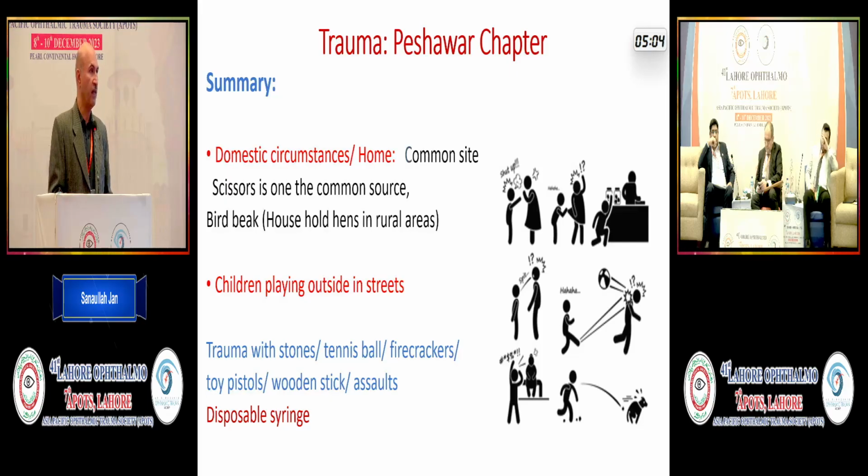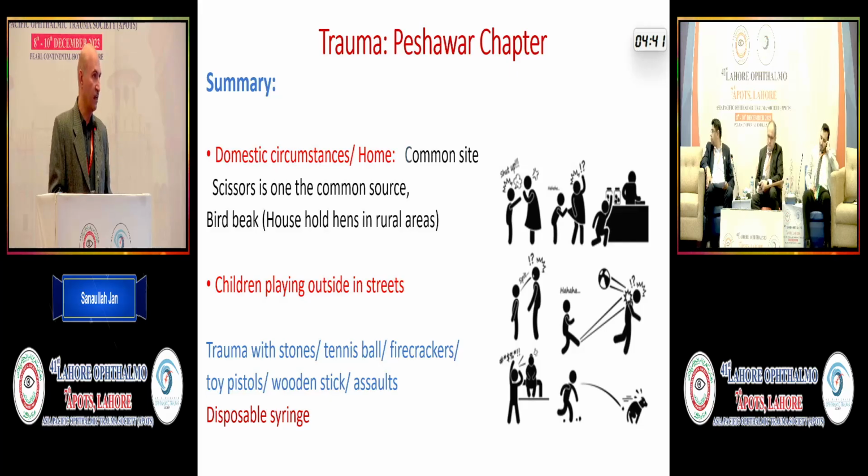The firecrackers, especially in Eid holidays, toy pistols used to be there. They are now taken over by firecrackers. Wooden sticks, especially with the media influence of the Turkish series Ertugrul, it was very popular. So in these days, we started receiving trauma with wooden arrows.